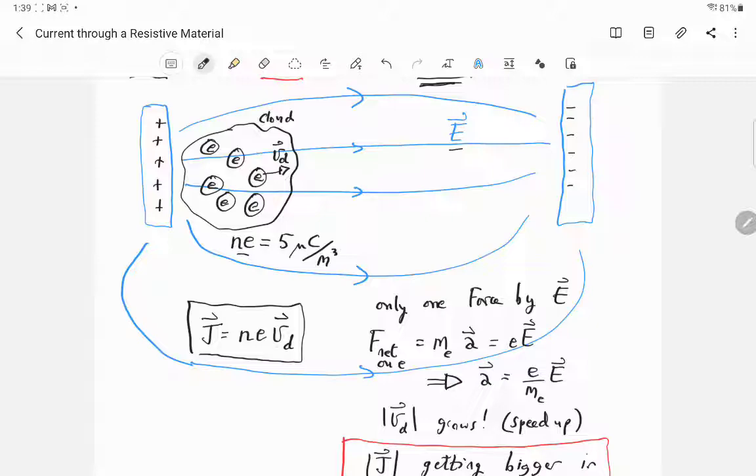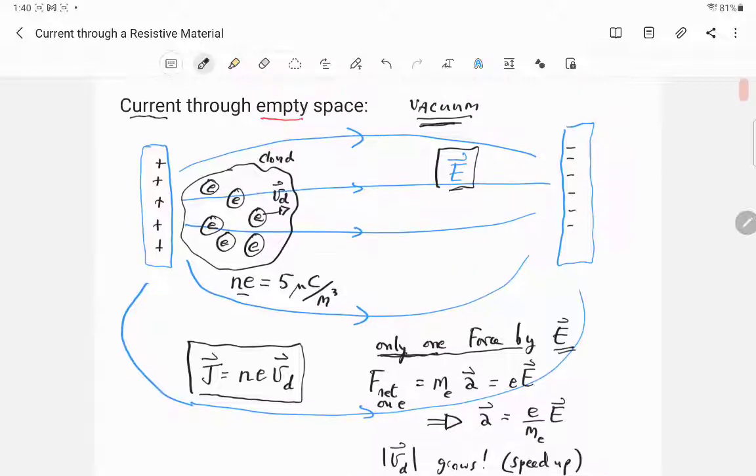And we know what electric field does. We've got this background electric field. There is going to be a force on each of these little charges by this electric field. And it turns out that it's only one force because our vacuum offers no resistance. There's nothing in the way. There's nothing to run into. There's no friction. It's empty, empty, empty space.